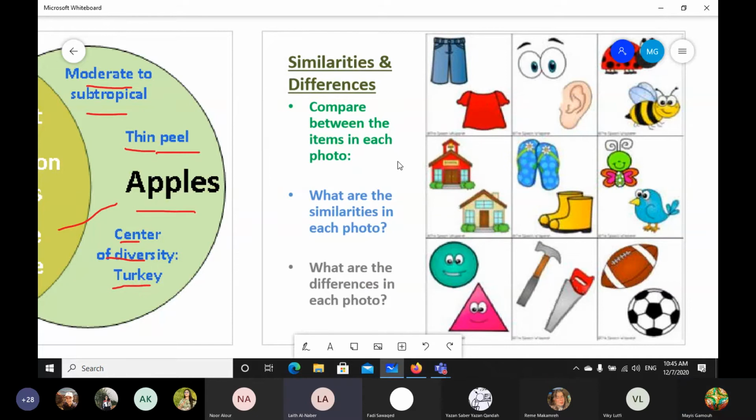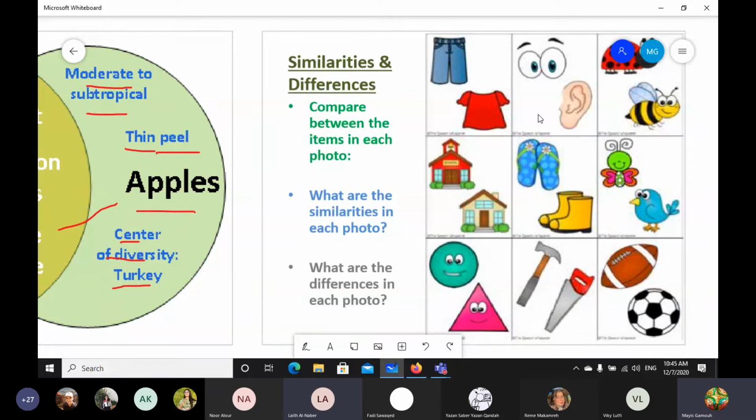I can talk about the eye and the ear. All right. Let's go, dear. The eye is used to see and the ear is used to listen. Okay. So is this a difference or a similarity?